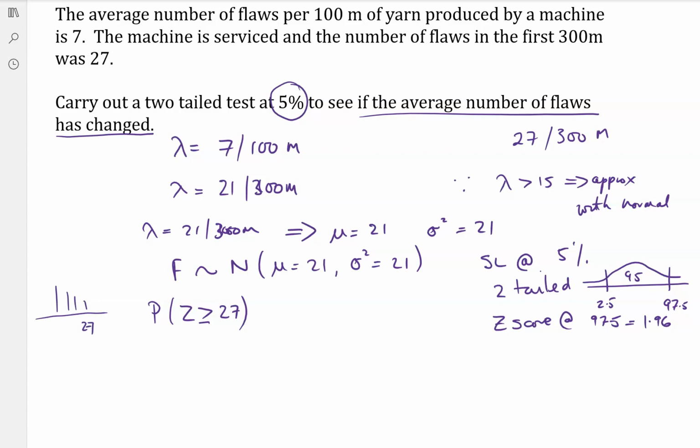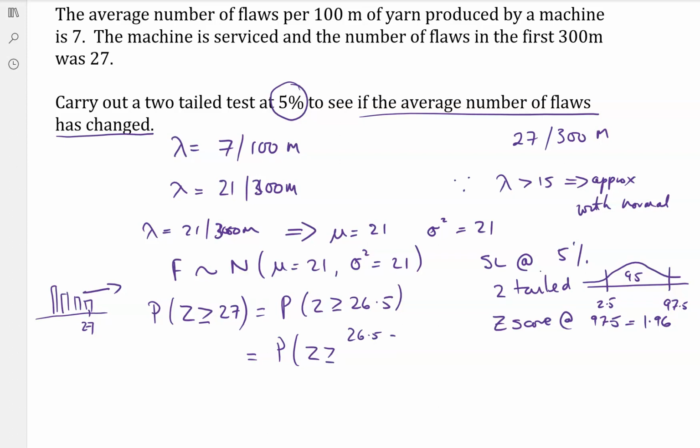We want to be greater than or equal to the block that's at 27. So in other words, we're talking about the probability that z is greater than or equal to 26.5. We want to go all the way over there. Remember, 27 is in the middle, so we're going to go from the extreme left-hand side of that block all the way over.